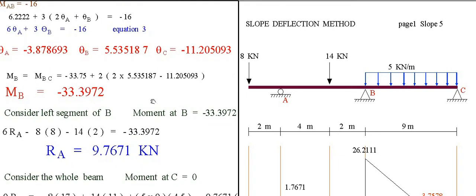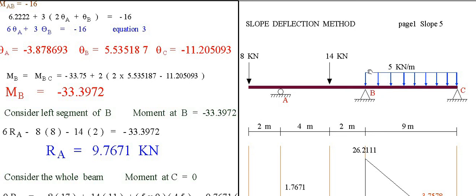Then consider the left segment of point B, that is this one. The moment at B is minus 33.3972 here, clockwise.